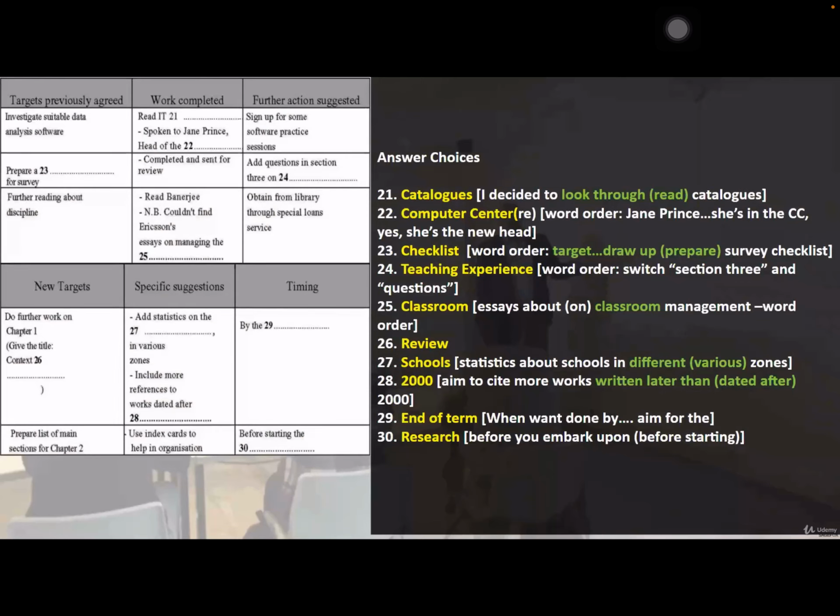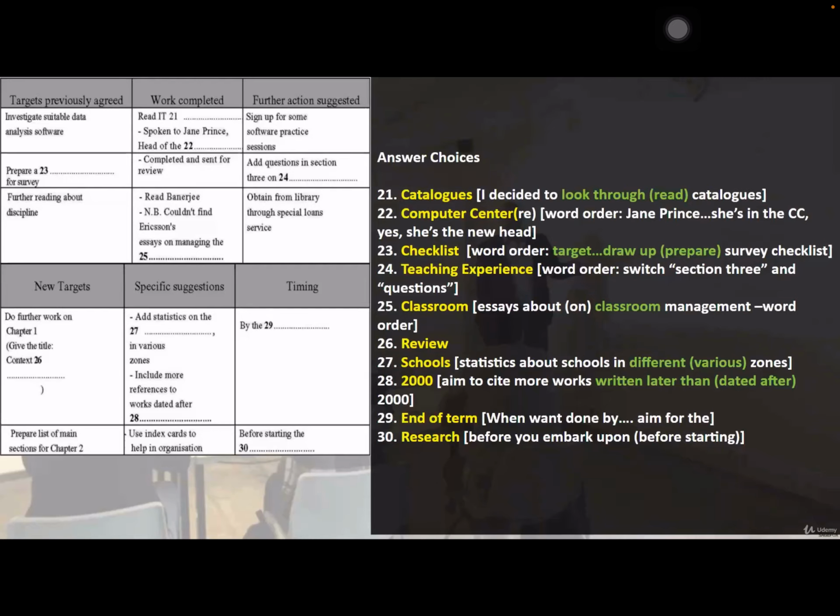You can have the English or the British spelling. 23 is checklist. 24 is teaching experience. 25 is classroom. 26 is review. 27 is schools. 28 is 2000. 29 is end of term. And 30 is research.